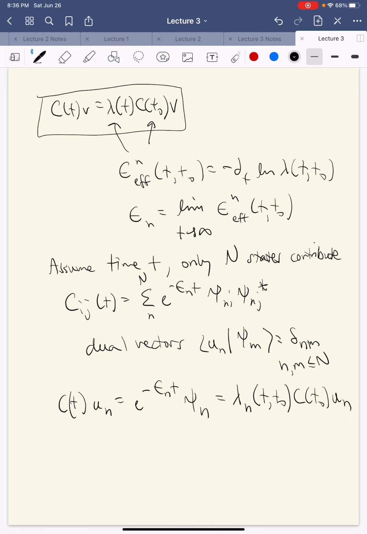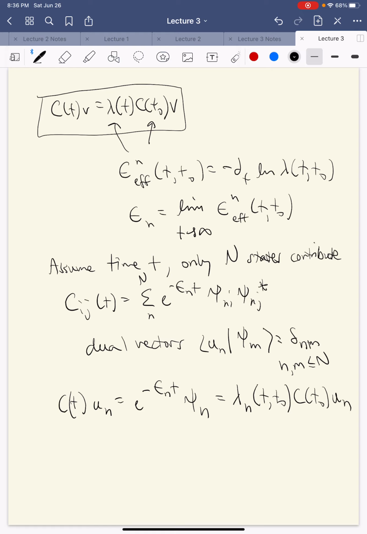Okay, so basically I've just said that I know that C acting on V gives me lambda C of t naught times V. So when I apply C to my dual vector U and also use this orthogonality constraint, I get on the right hand side the same relation but with my U's.